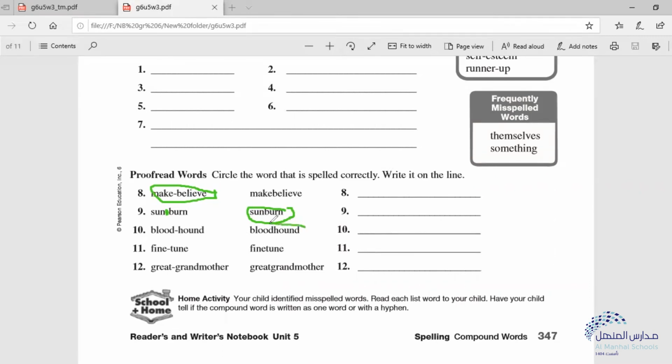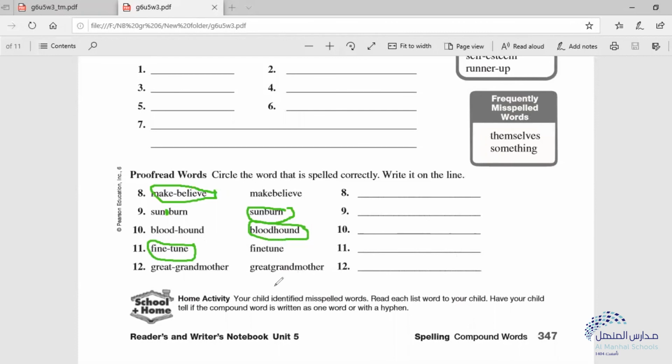So bloodhound, this is the correct one. And the next one is fine-tune. It should be with a hyphen. So without a hyphen is not correct. You can check on the words beside the given words.